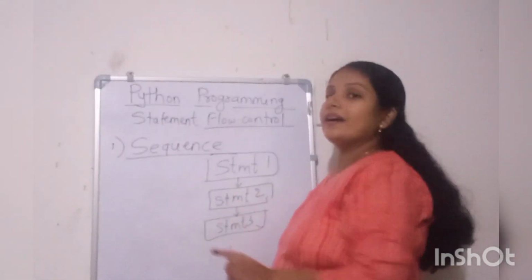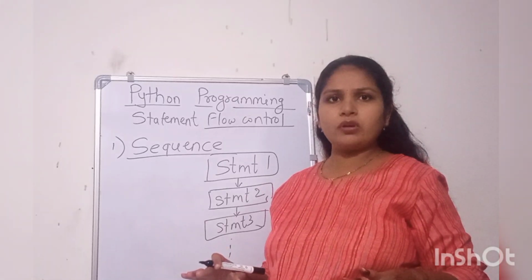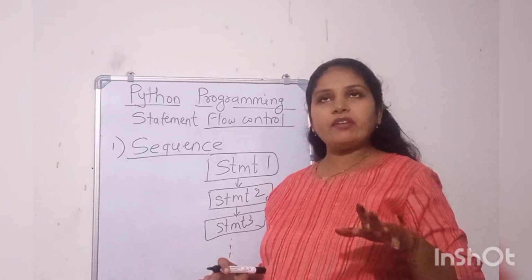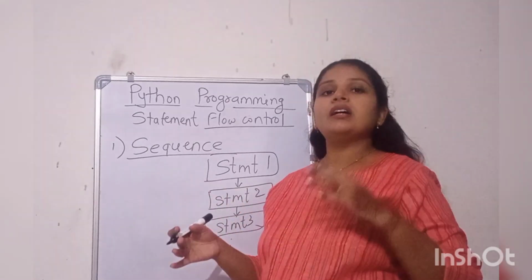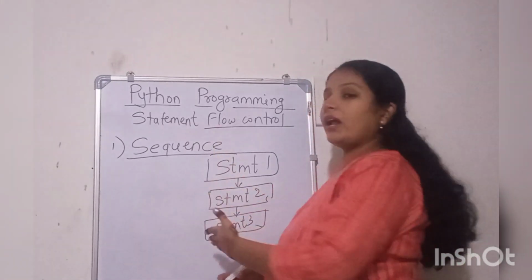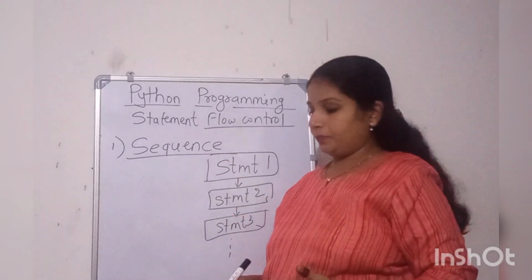So this is the sequence. This is a very basic flow control, because by default, if we are not adding special types of statements, then your program is going to be executed as a sequence flow control.